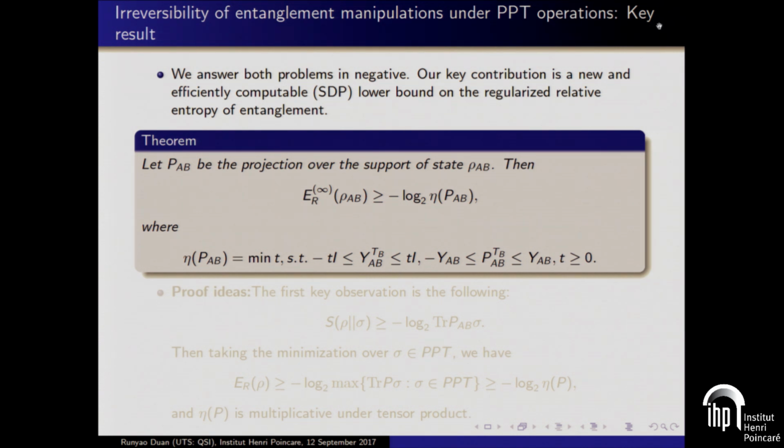Here eta of P_AB is given by this SDP. T is a positive real number, and Y_AB is another operator variable. We need T and Y_AB to satisfy this constraint. This is a very simple SDP, so it can be calculated very easily. And then we can show this provides an upper bound for the relative entropy.